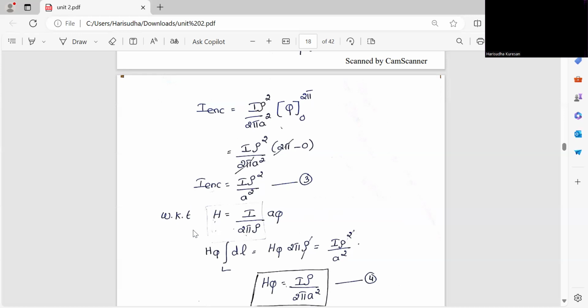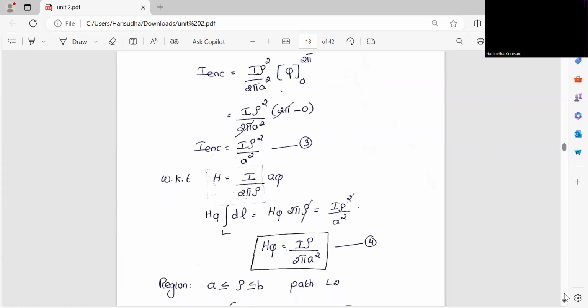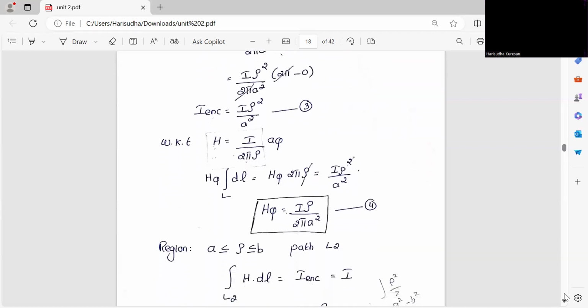So we know that H phi is nothing but I divided by 2 pi rho, and we can equate these two equations. Therefore, we get the closed integral of H dot dl equal to H phi 2 pi rho, which is equal to this enclosed current.